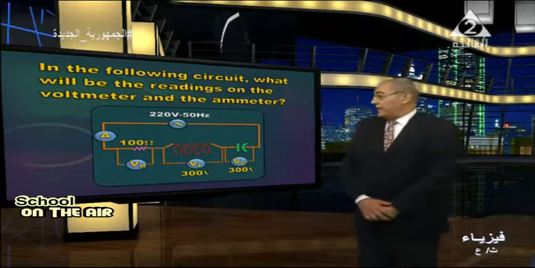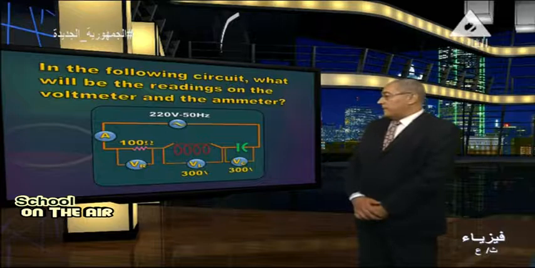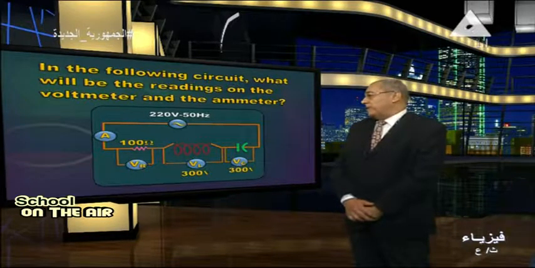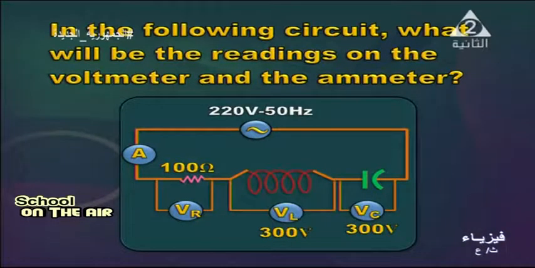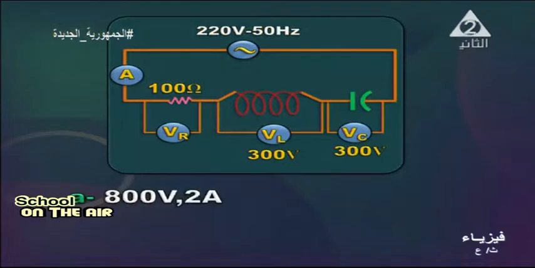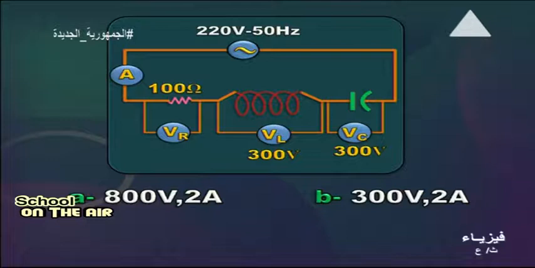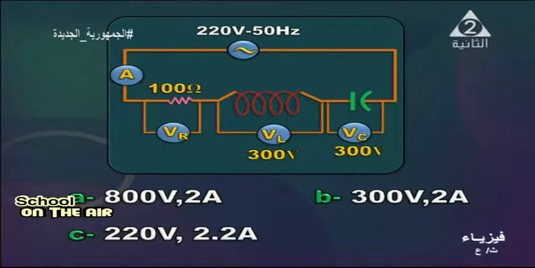So the voltage across the resistor must be equal to the total voltage, which is 220. And what about the impedance? It is equal to the resistance, 100. So 220 over 100, the current must be 2.2. Let's see the choices given: 800 volt and 2 amperes, 302 amperes, 220 and 2.2, 102.